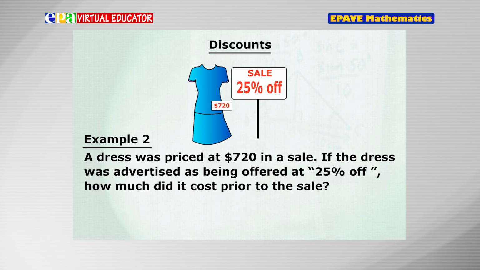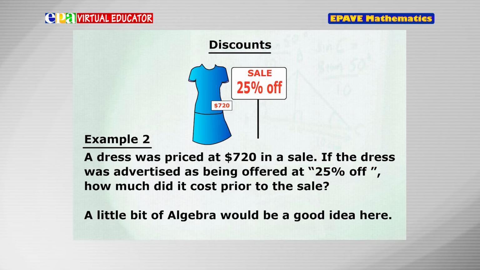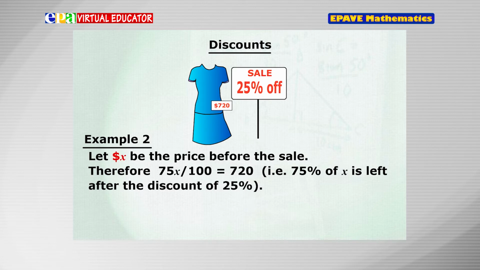Here is another example. A dress was priced at $720 in a sale. If the dress was advertised as being offered at 25% off, how much did it cost prior to the sale? Applying algebra here would be a good idea. Let x dollars be the price before the sale.